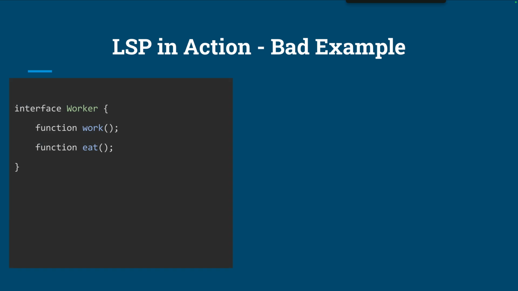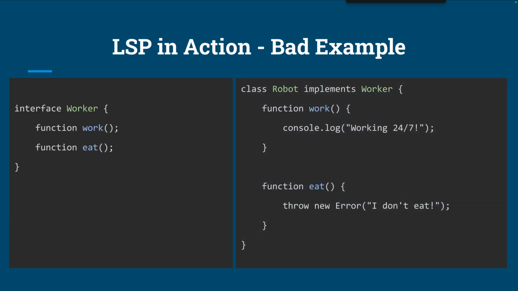Here we've got an interface called Worker. Seems simple, it has 2 functions, work and eat. Now check out this class, Robot. It implements Worker, so it's forced to define both of those methods. The work function makes sense, the robot works non-stop, no problem there. But then we hit the eat function, and what does that robot do?